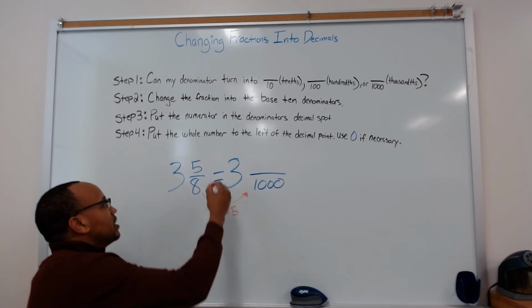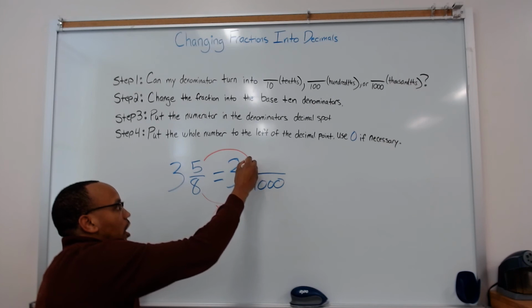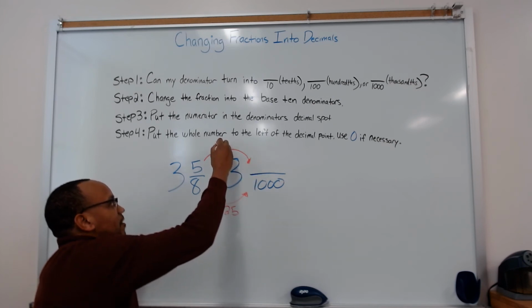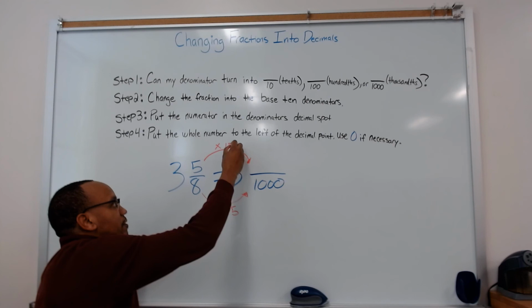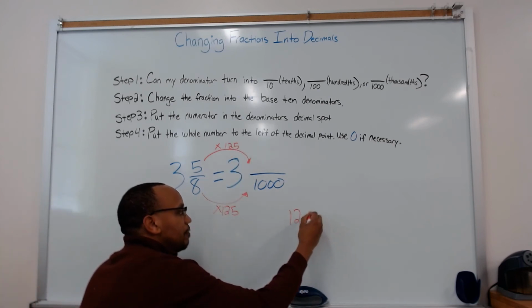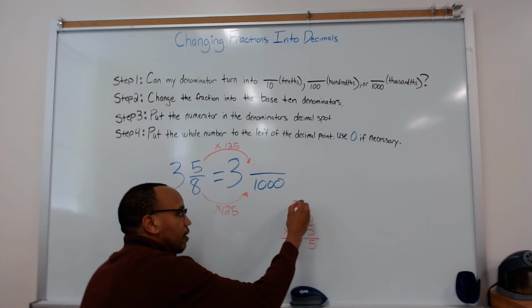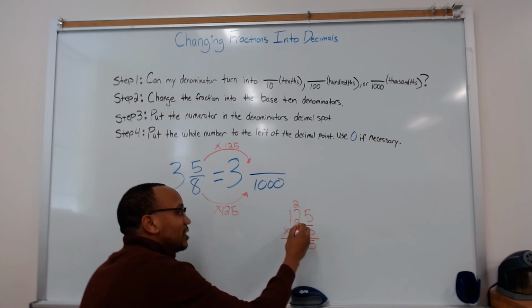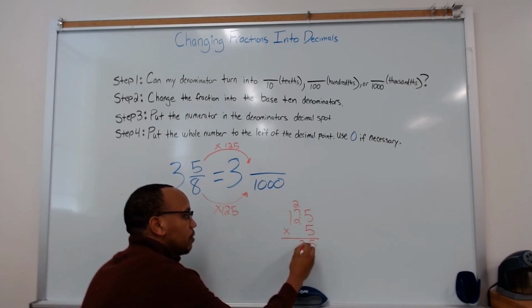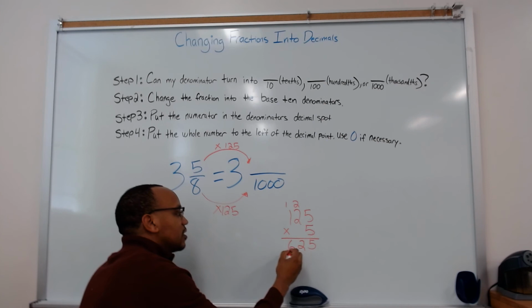So I have to do the same thing to the top number. 5 times 125. 5 times 5 is 25. 5 times 2 is 10, 11, 12. 5 times 1 is 5, plus 1 is 6.